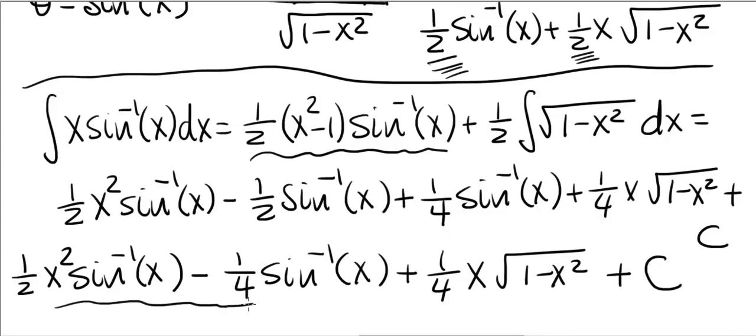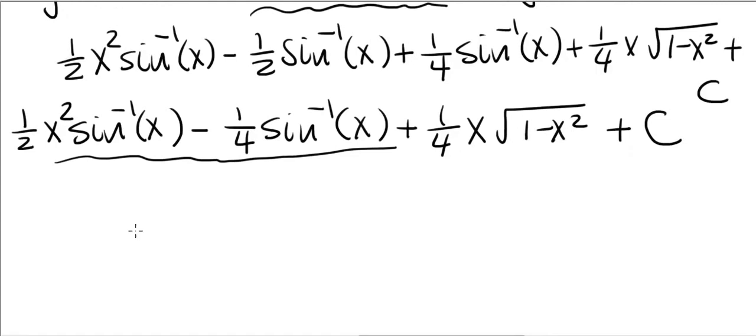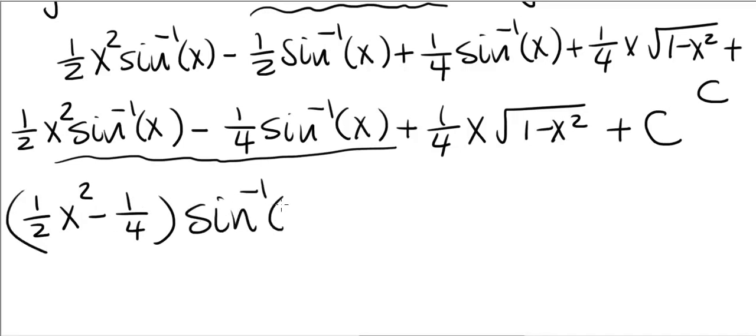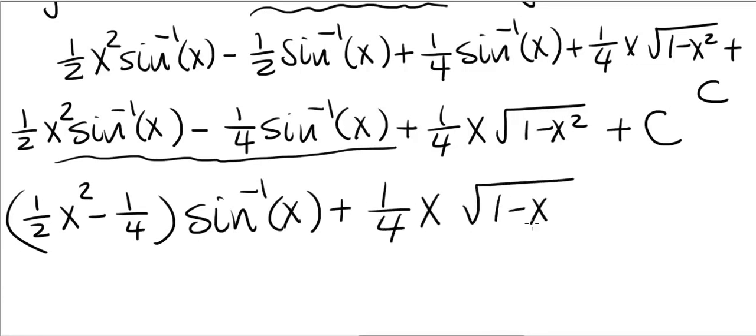Since both of these terms have inverse sine, we can factor it and write the final answer in the following form: 1/2 x squared minus 1/4 times inverse sine of x plus 1/4 x times the square root of 1 minus x squared plus c.